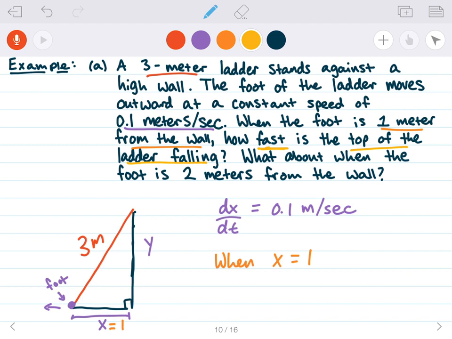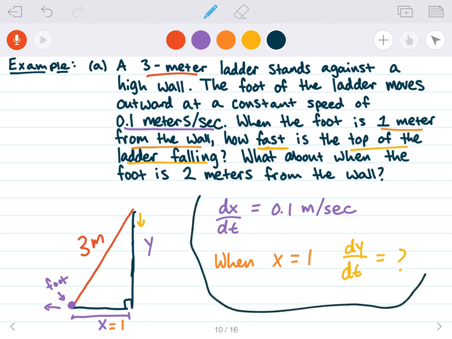We're seeing how fast this ladder moves downwards. So we're looking for dy dt. So what is dy dt when x is equal to 1? That's what we want to know. And then they ask us a second question, which we'll do at the end, but it says, what about when the foot is 2 meters from the wall? So that's when x equals 2. But so far, this is the information that we have.